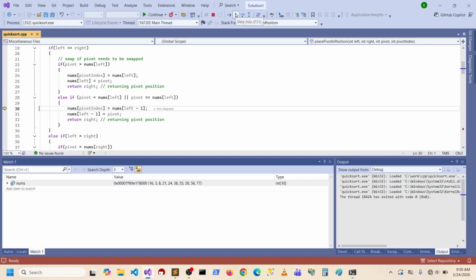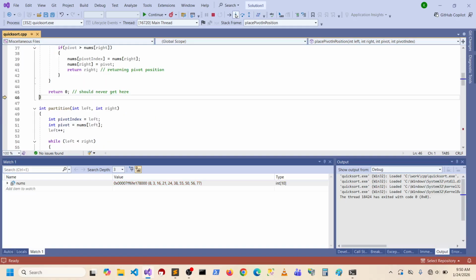Because it's not, it's going to do the wrong one. It's going to be 0, 1, 2. It's going to swap with 8. Yeah. Oh, wait, that is right. Oh, never mind. That was right. I don't know what I was looking at.